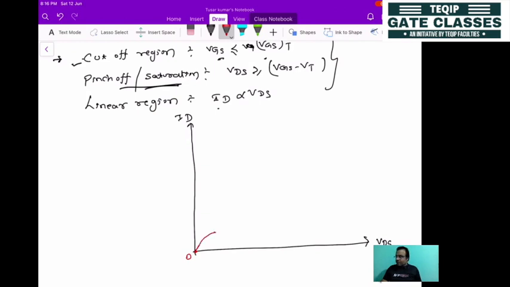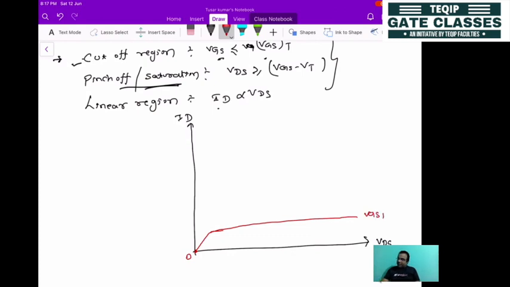From this point onwards, let me draw it again. If you are increasing the drain to source voltage, this value is increasing, but after that, if you go on increasing the VDS, then ID will not increase in that proportion. Let's say this is VGS1.